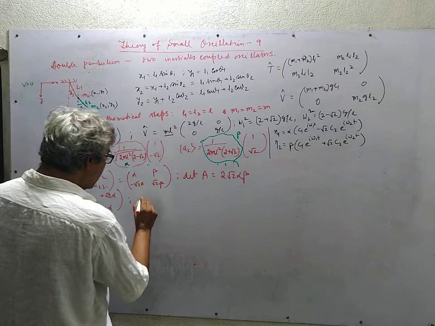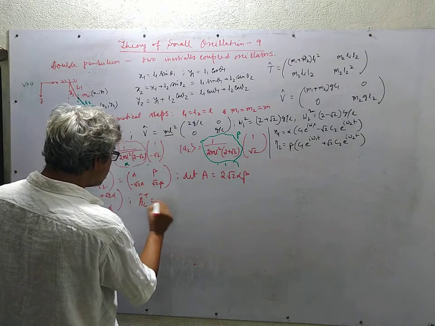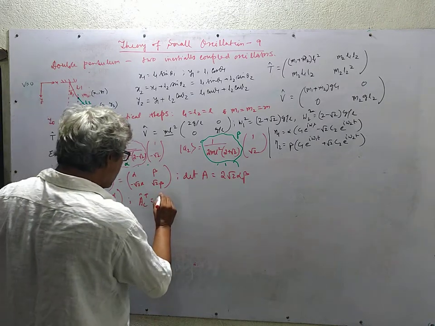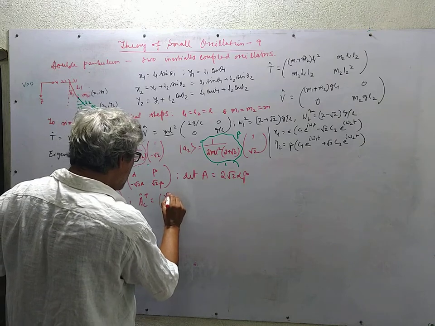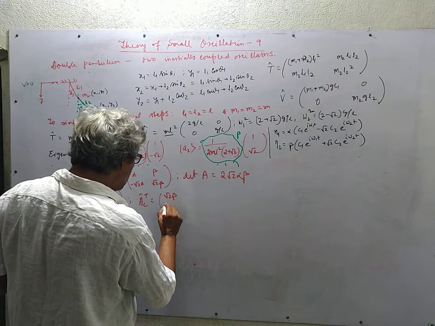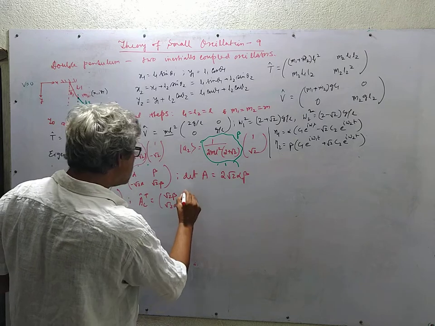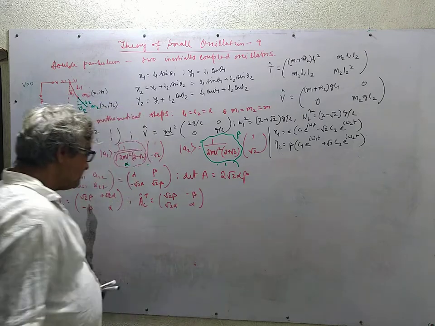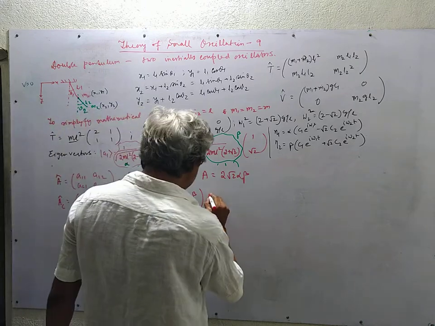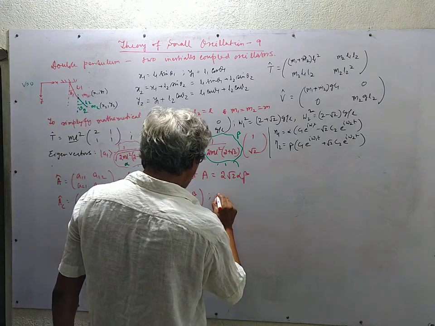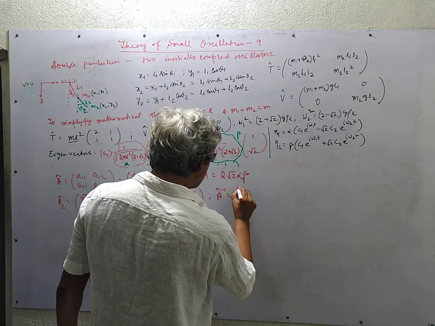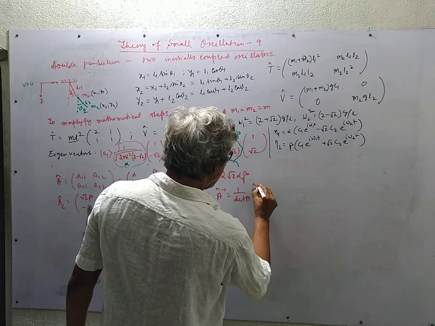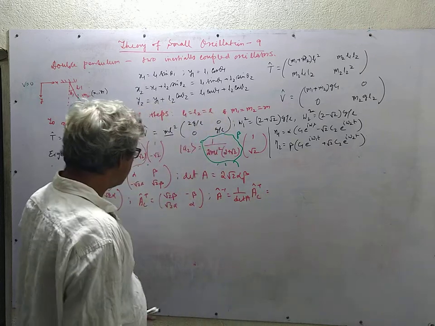So A inverse is 1 upon the determinant of A times the cofactor transpose.